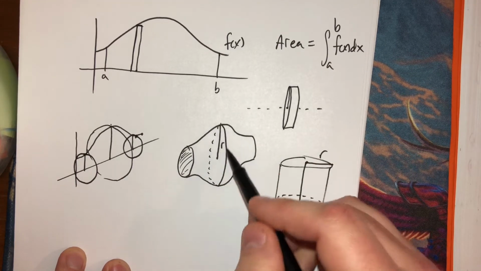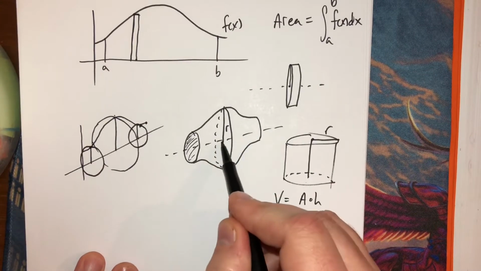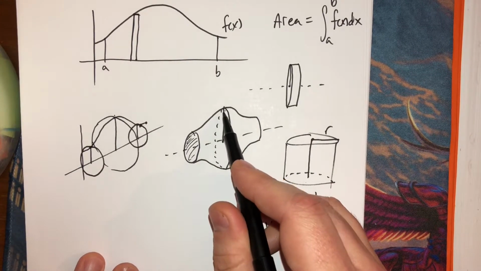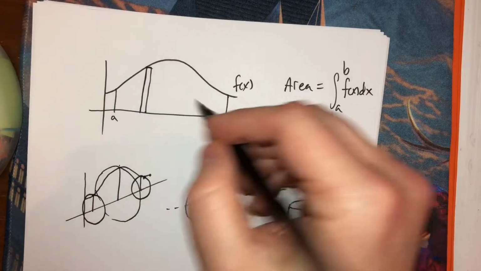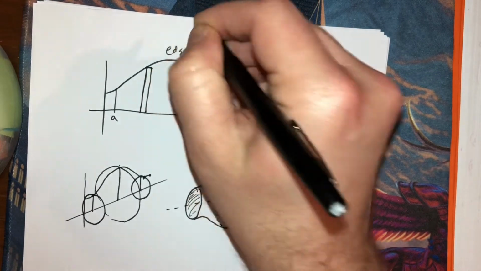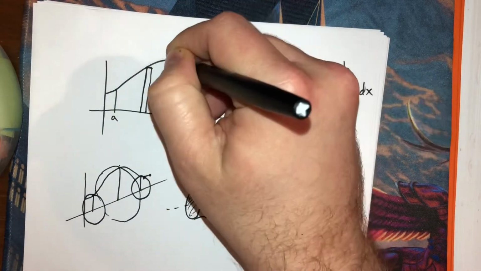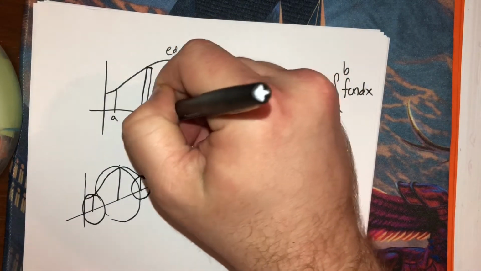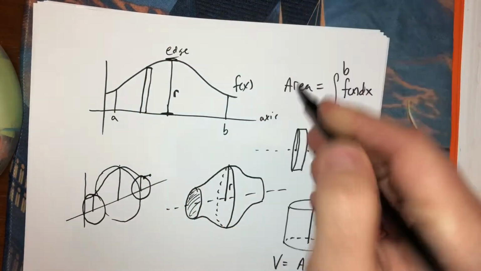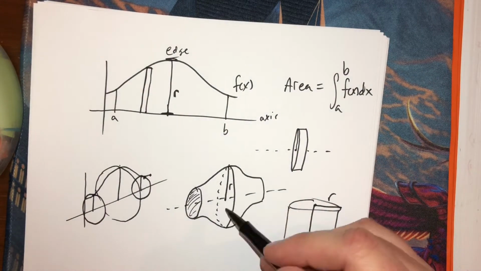Well, what would the radius be? The radius is the distance from the axis to the outside. So on this side view, this is our axis, this is our edge, and this right here would be the radius. Well, hey, what's that radius? It's just the distance from the x-axis up to our function, which we call f of x. So in this case, our radius is just f of x.